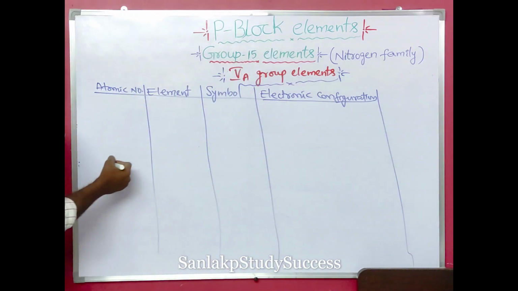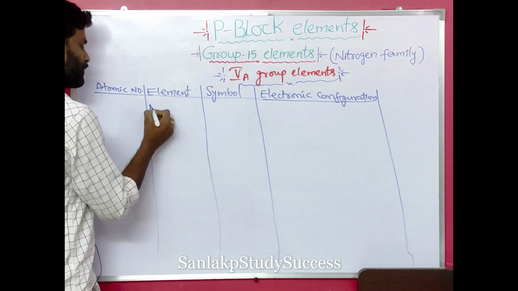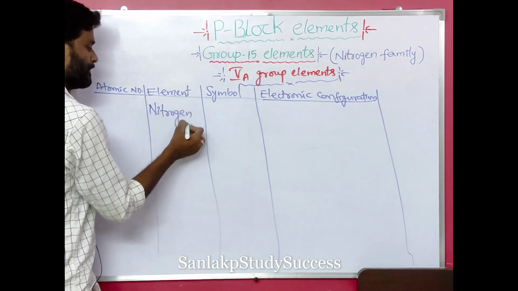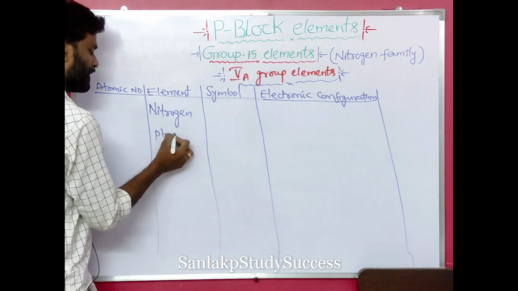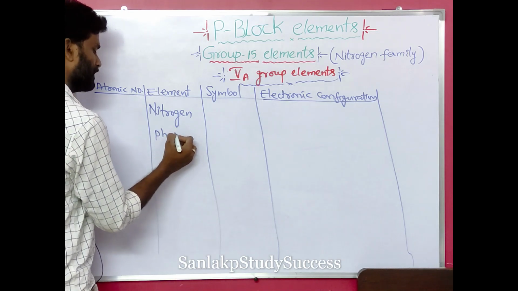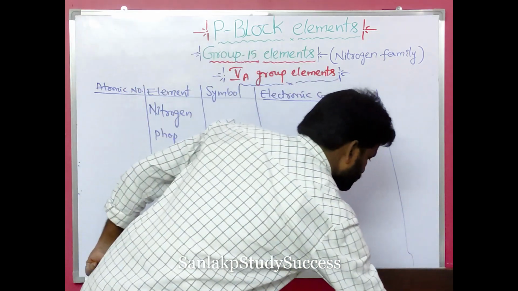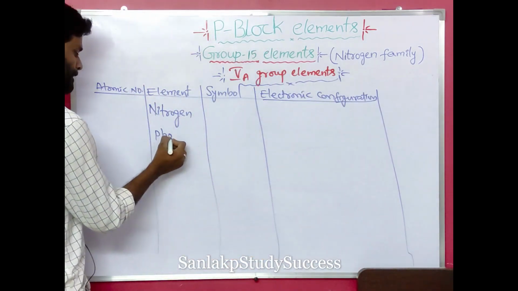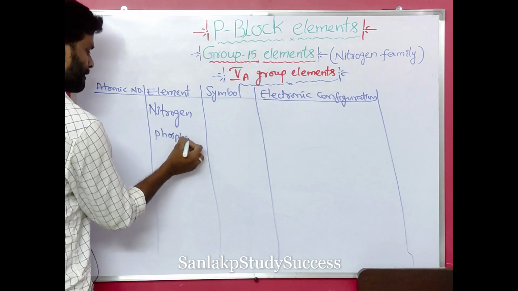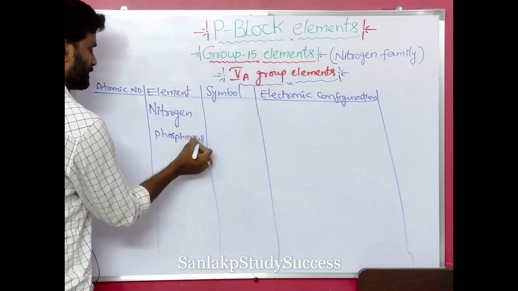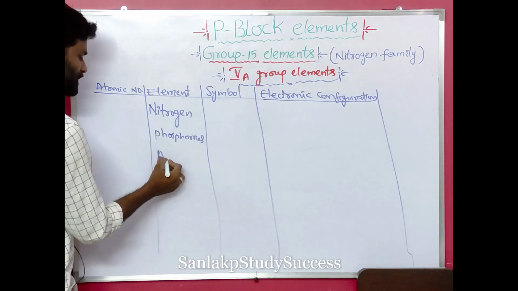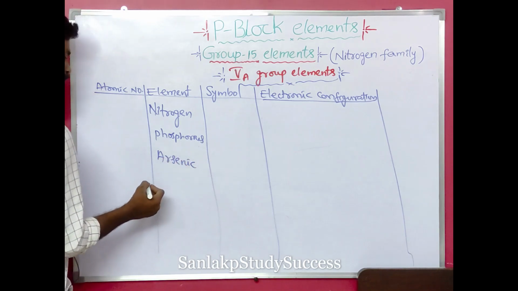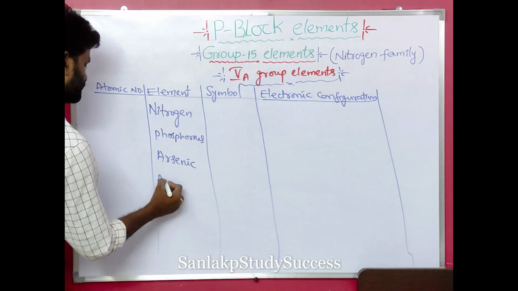So first one is nitrogen. Second one is phosphorus. Third one is arsenic. Fourth one is antimony.